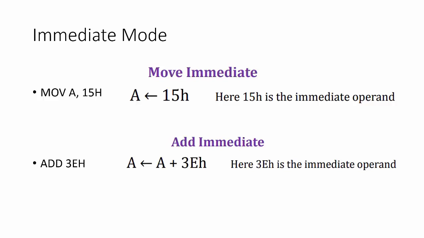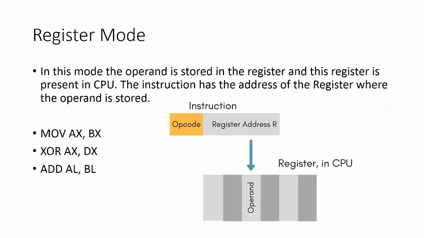Let's move to the next addressing mode, that is register mode. In this mode, the operand is stored in a register, and this register is present in the CPU. The instruction has the address of the register where the operand is stored.